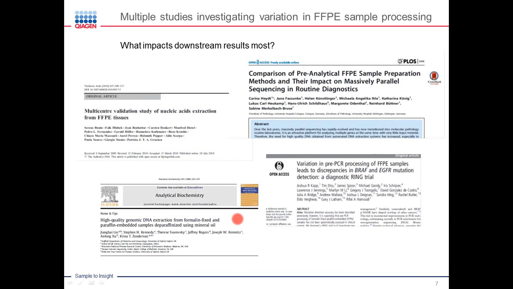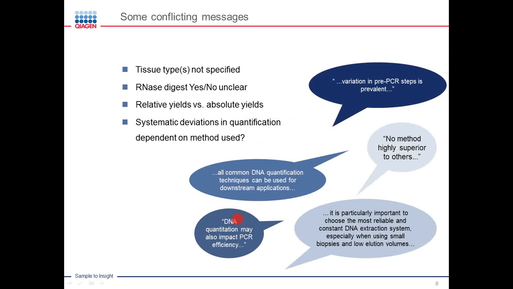The purpose here is not to question the scientific relevance of these publications, but reading through these papers, we recognized that we had a few questions, and the messages provided seemed to be a little different sometimes. To give an example, in one study tissue types were not really specified. It simply said FFPE samples. It wasn't clear from what type of tissue.